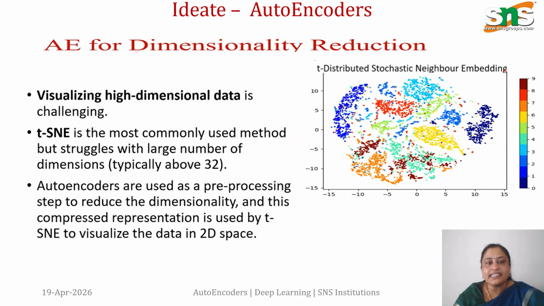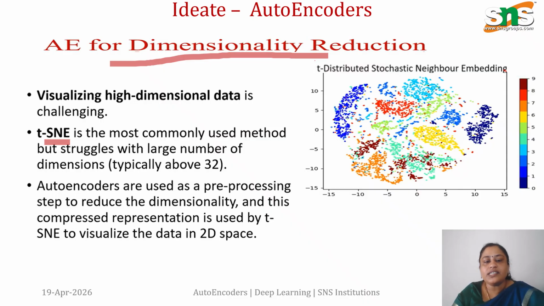Now let's see the important applications of the autoencoder. It is mainly used for dimensionality reduction and anomaly detection. When you have to visualize high dimensional data, it is a very tough job. We use t-SNE, which is the most commonly used method when the dimensions are above 32.